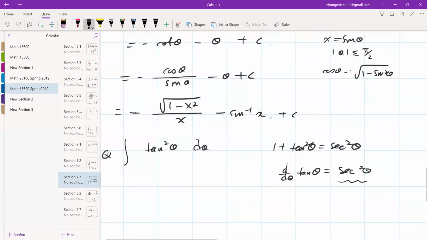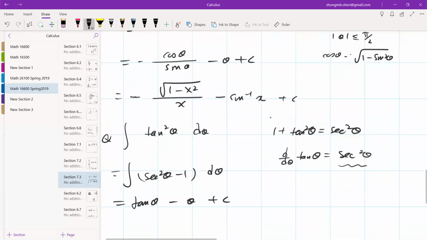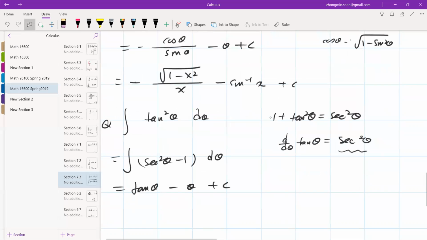But I have a tangent squared theta, which is not much different: secant squared theta minus 1 d theta. Then the first one is going to be tangent theta, the second one is theta, plus constant. We can evaluate the integral of secant squared theta quickly because we have this identity, so you have to change the tangent squared theta to secant squared theta.